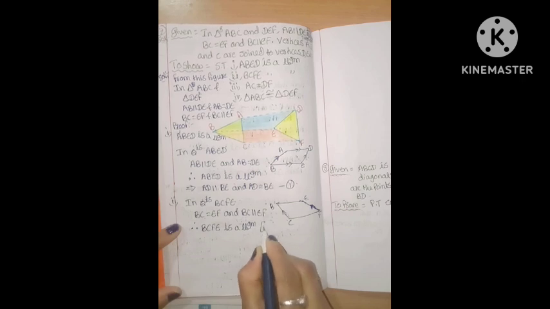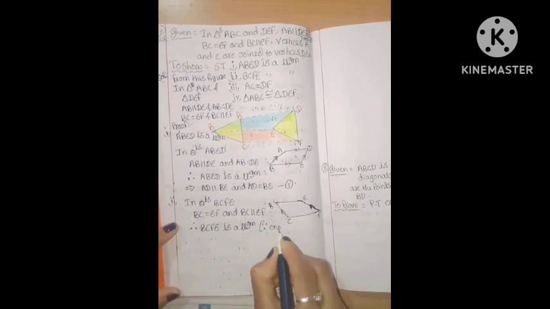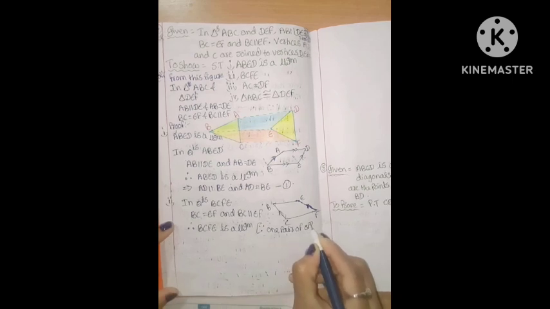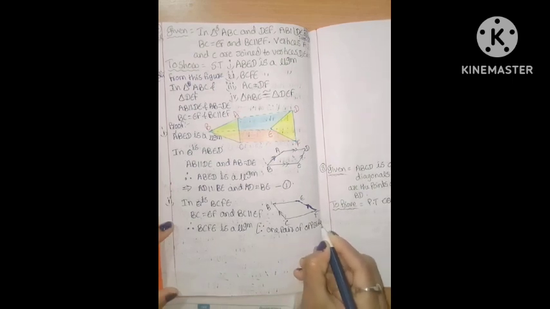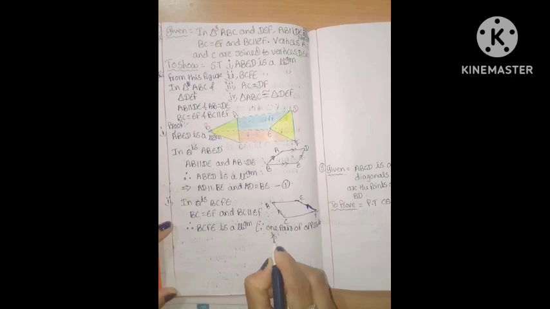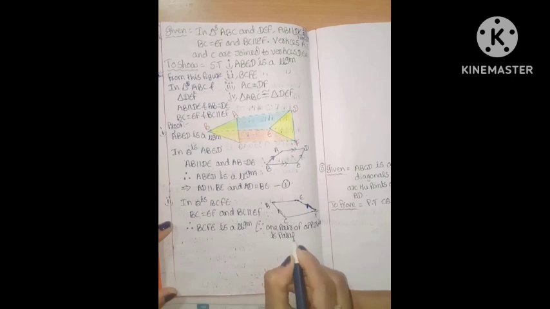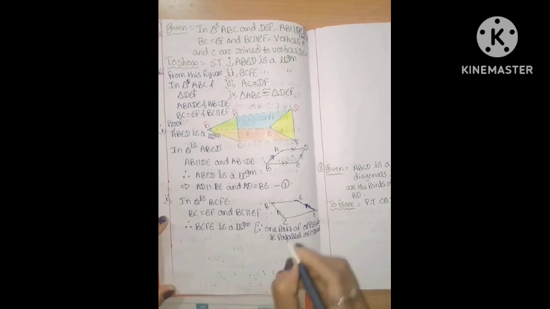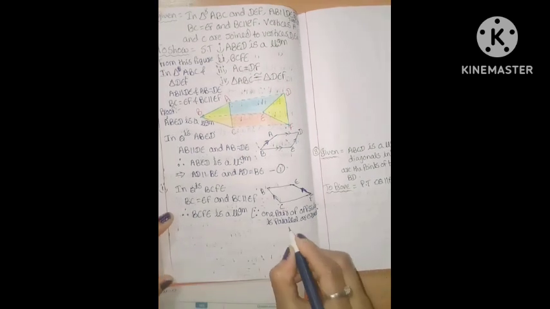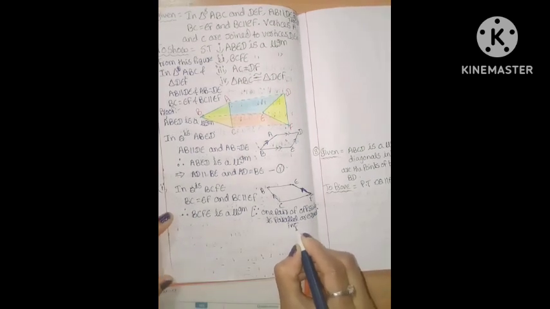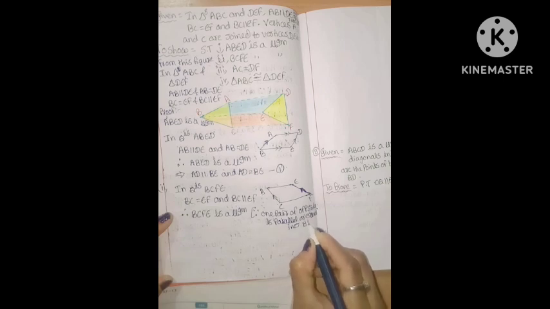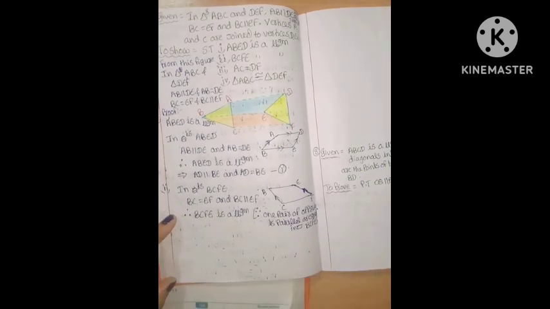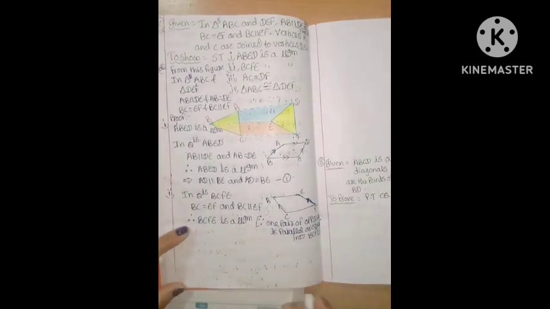Why is it a parallelogram? Since one pair of opposite sides is parallel or equal in quadrilateral BCFE, it is a parallelogram.